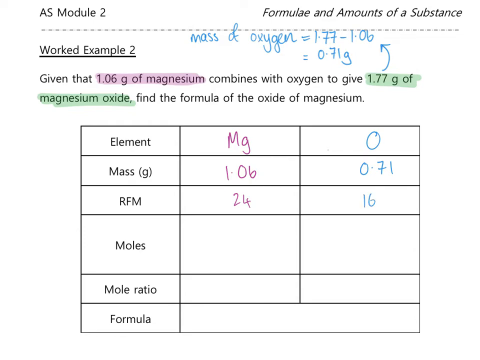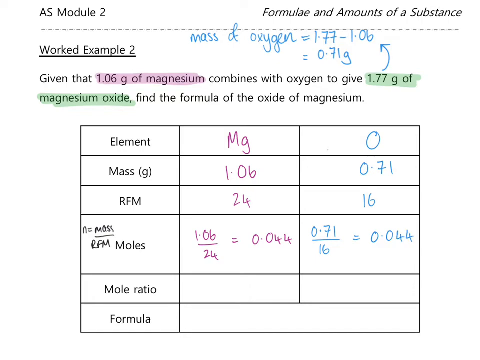Work out then your number of moles, because I can't put my masses in ratio to each other, and I'm using the equation N equals mass over RFM. So for my magnesium, that's 1.06 divided by 24, and that works out as 0.044. And with oxygen, that's going to be 0.71 divided by 16, which works out again 0.044.